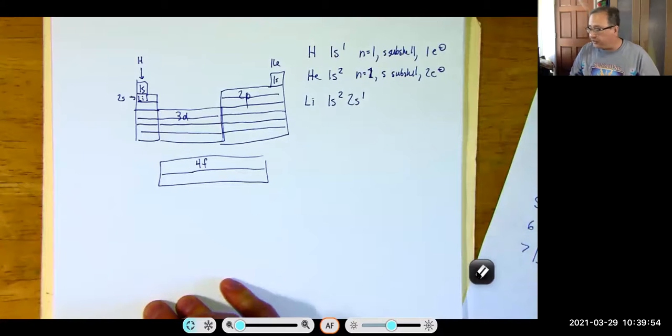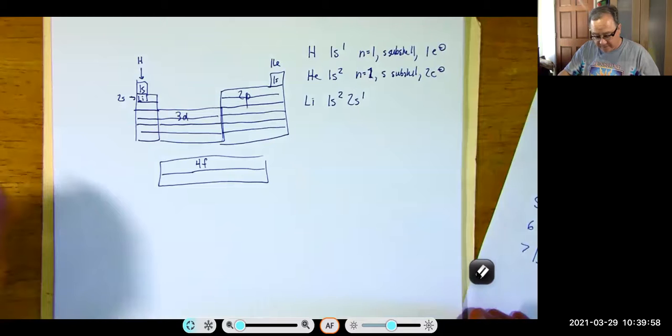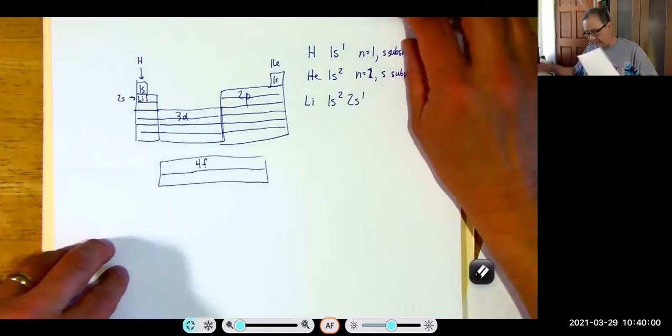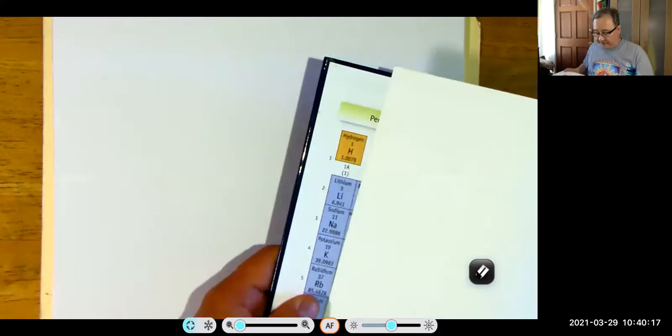Okay, so now let's do something really complicated, okay? So students should have seen this in their previous chemistry class. And a lot of times in their previous chemistry classes, they just stop right there.